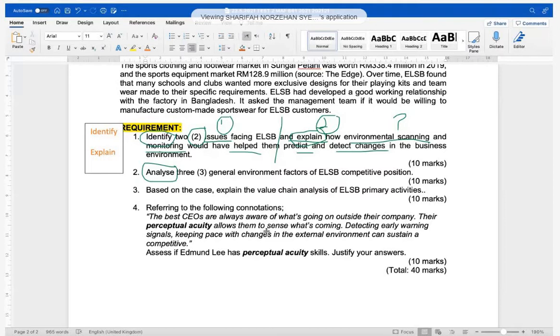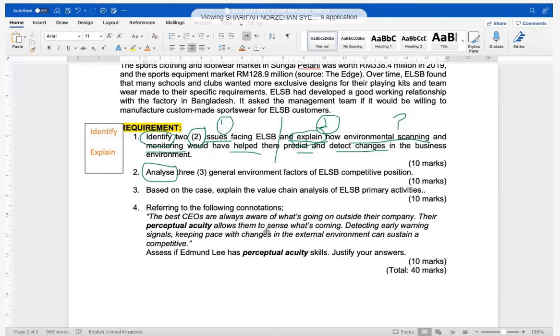So you don't have to be so specific, putting in the headings of legal factors or social demographic factors. But if you can, why not? But if you can't, instead of putting social and demographic factors, you say changes in terms of customers' demand. It's acceptable.